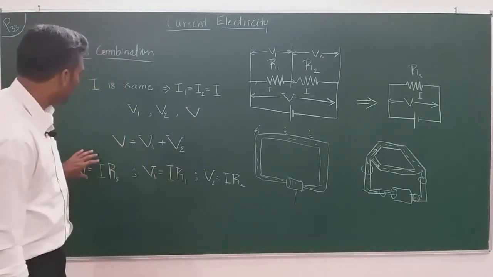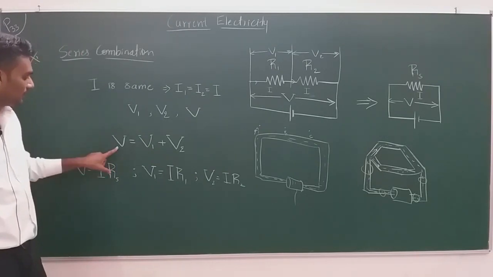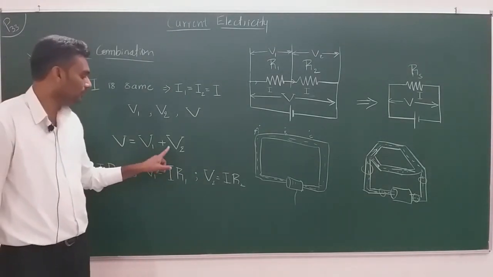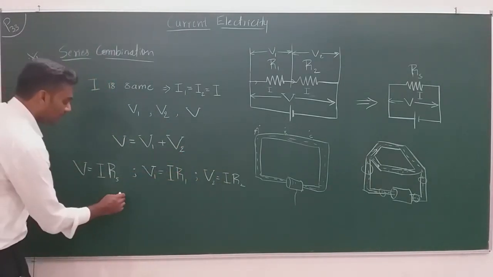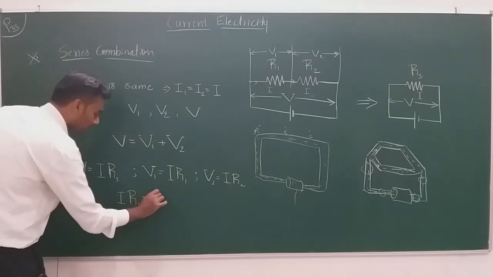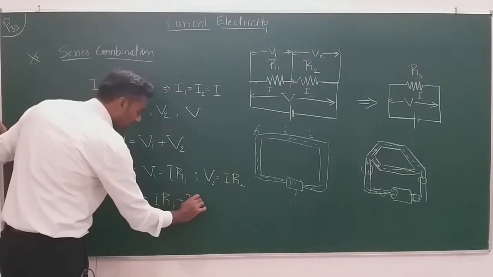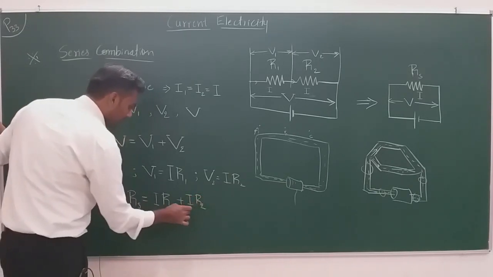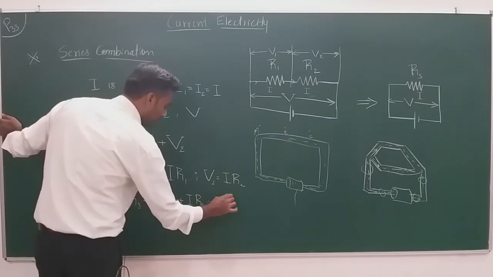Now let me substitute V is equal to I Rs, V1 is equal to I R1, V2 is equal to I R2 into this equation, which then becomes I Rs is equal to I R1 plus I R2. I can take I as a common factor.